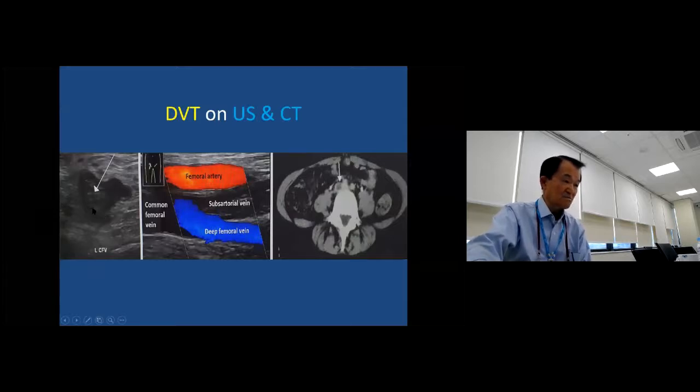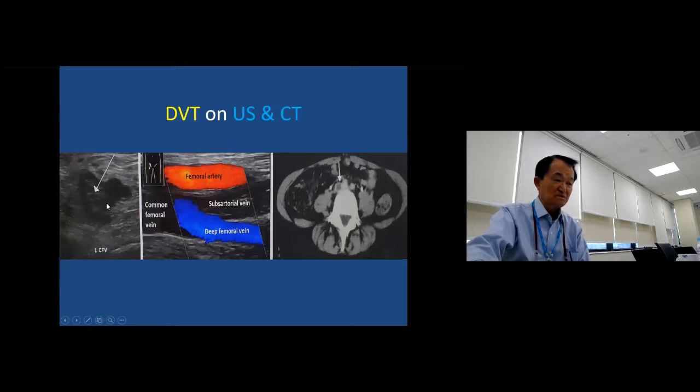And for deep vein thrombosis, Doppler ultrasound can easily show some echogenic thrombus. CT also easily shows it.